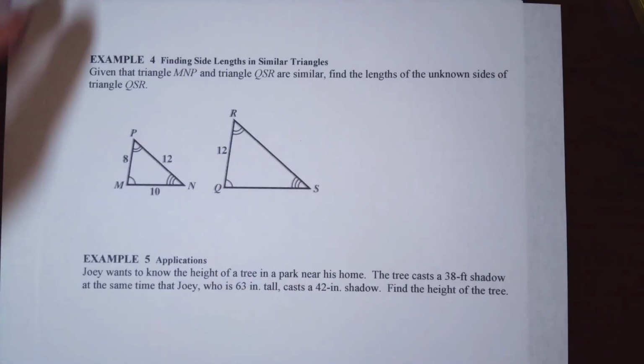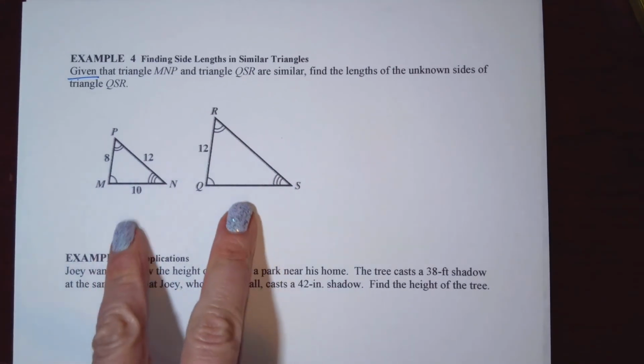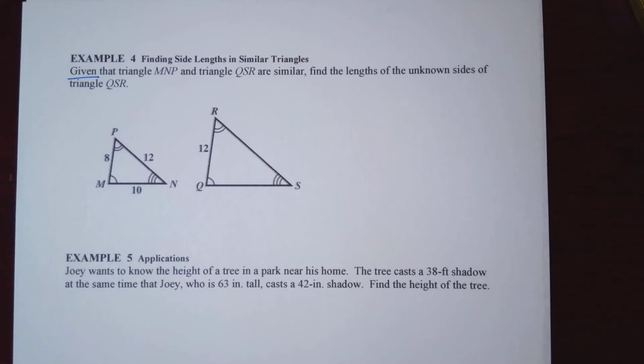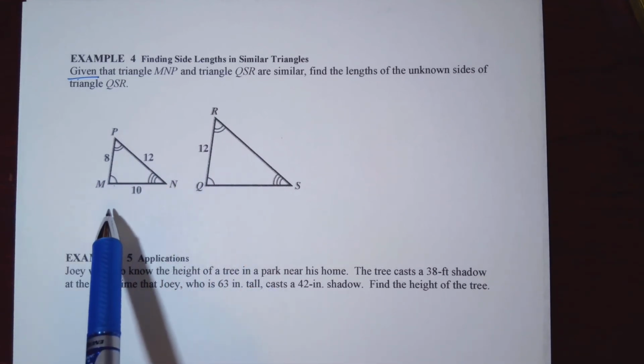All right, now let's look at this one. We're told, anything you're given, you can count on. We're told that these are two similar triangles, so we need to find the lengths of the unknown sides. Now, we weren't given angle measures, so we are focusing on side measures. I can see, though, that they are oriented the same way.